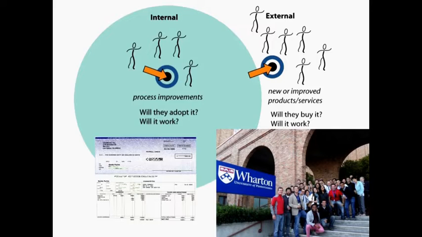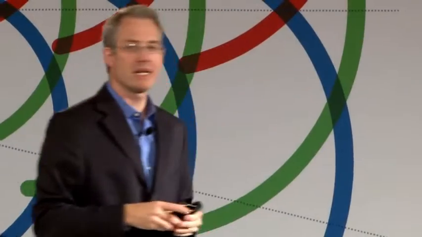Now, internal innovation is a response to an opportunity for improvement in a business process, in something that you do internally. And I'm going to just give you an example. This is also from our innovation group, really mundane, but not atypical of internal innovation.